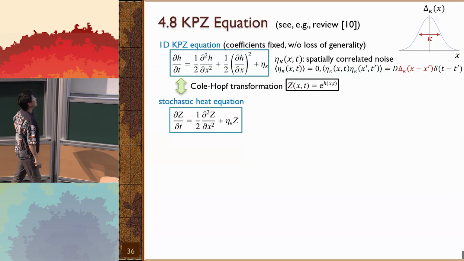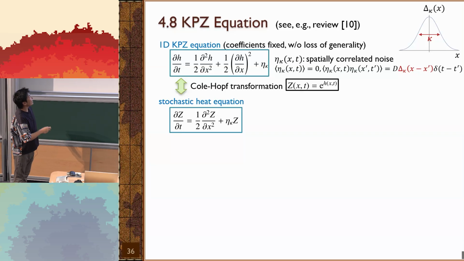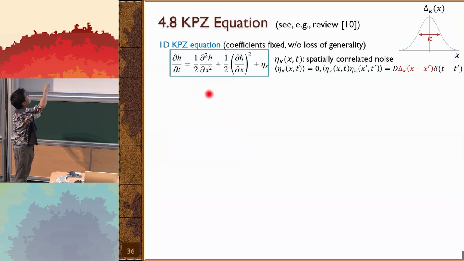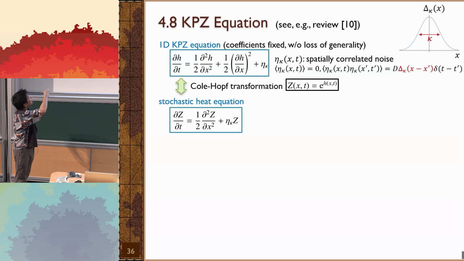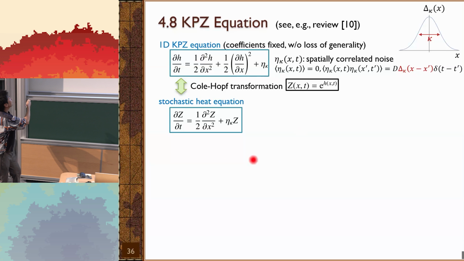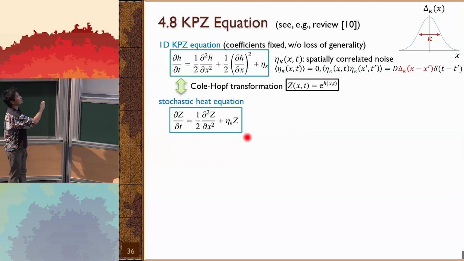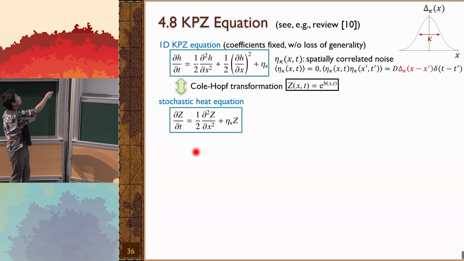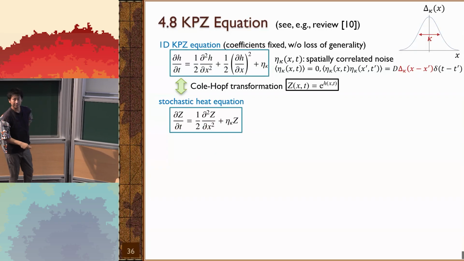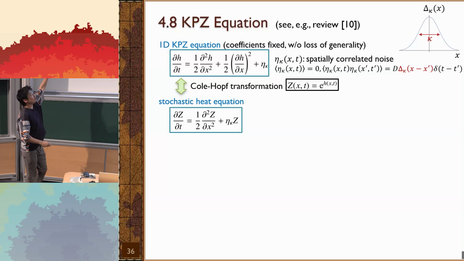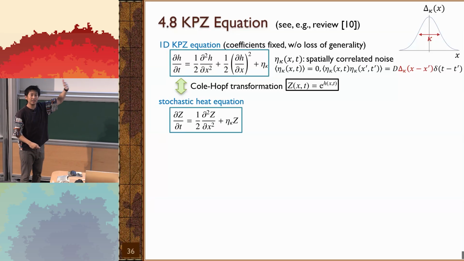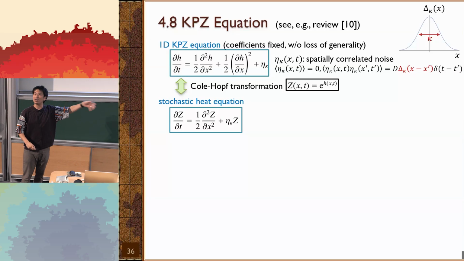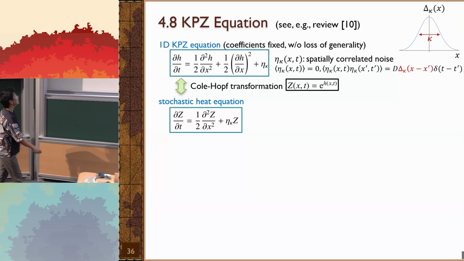And then, yesterday I explained that the original KPZ equation is actually ill-defined. So the proper way to define it is to consider the stochastic heat equation with the Ito product here. So let's start with this stochastic heat equation. And I'm going to rewrite it into a few other models, actually.